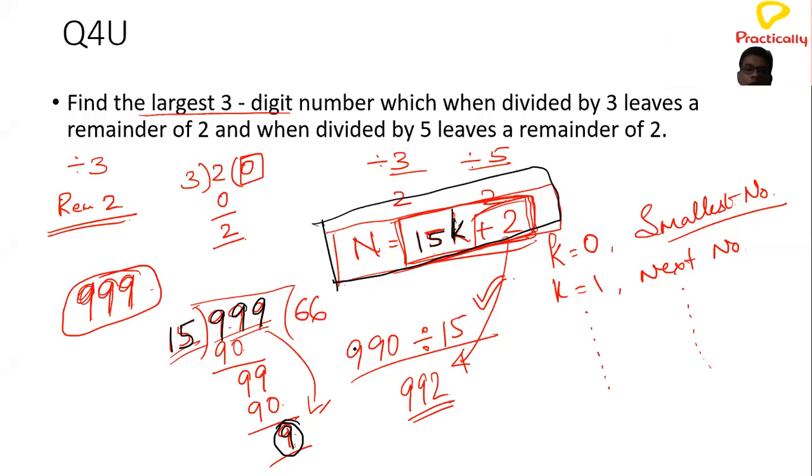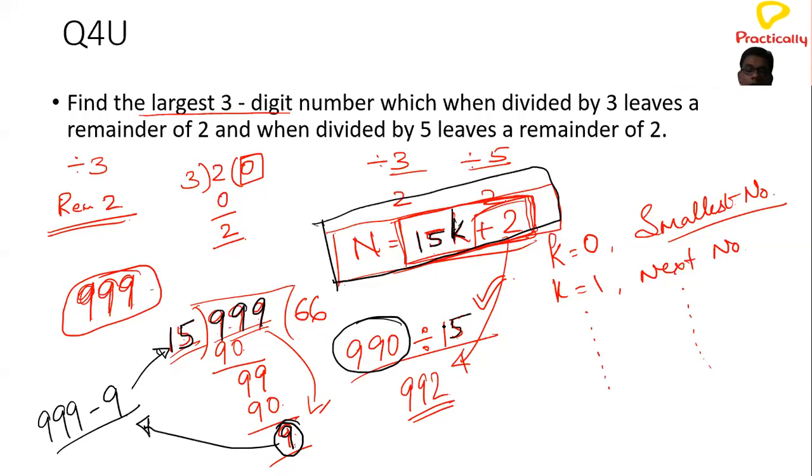It means that 999 is not divisible by 15, but 999 minus 9, the remainder if I remove, this value is divisible by 15. That's what it means. So what is 999 minus 9? 990. So this number is now divisible by 15.